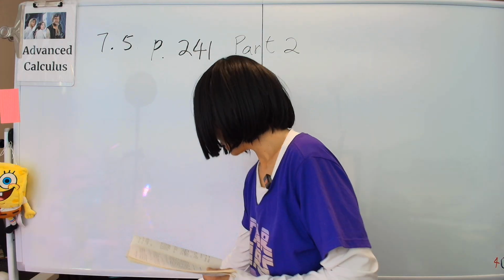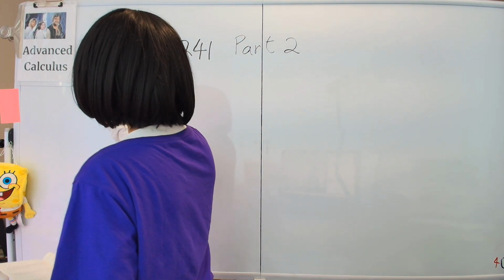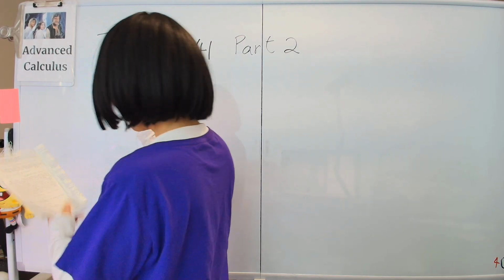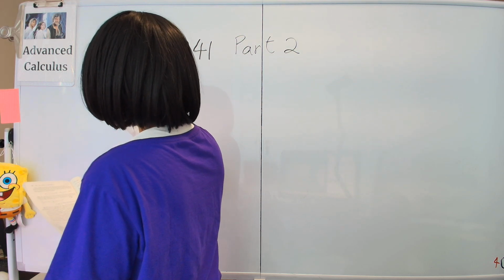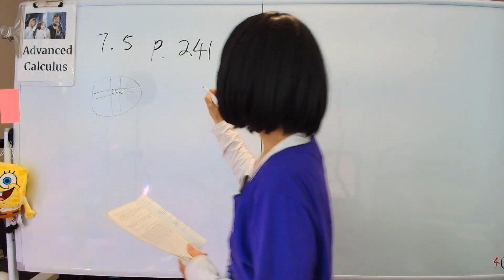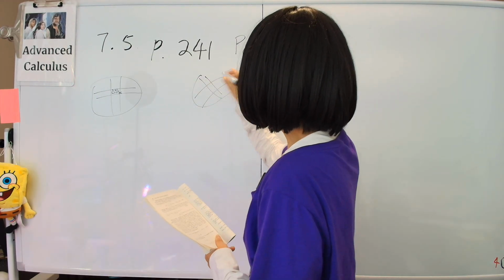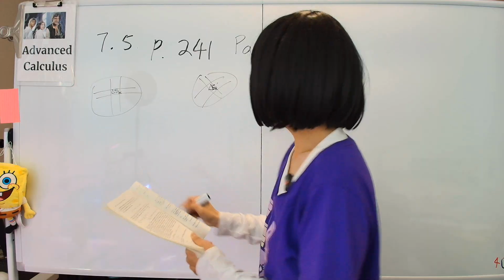The original little thing is called delta sk. Maybe I should draw it bigger. And then transformed over here, it becomes some other object, and it will be delta sk prime.